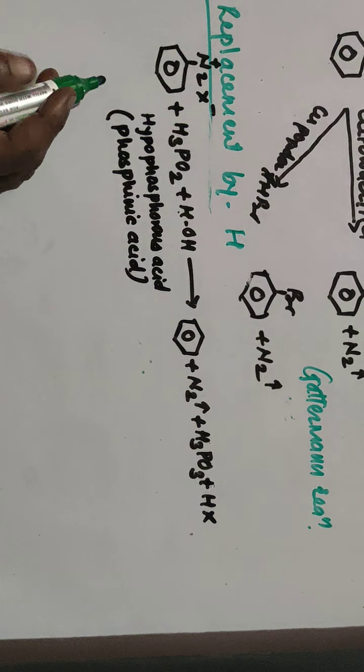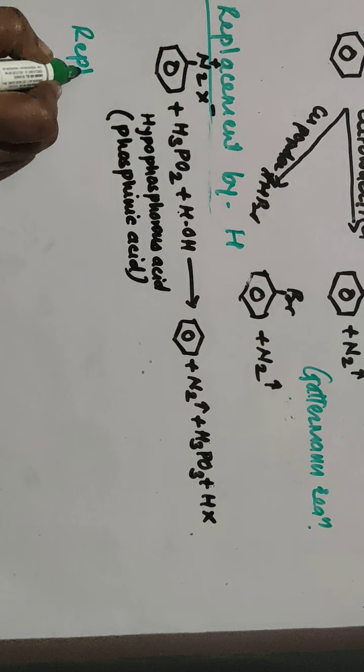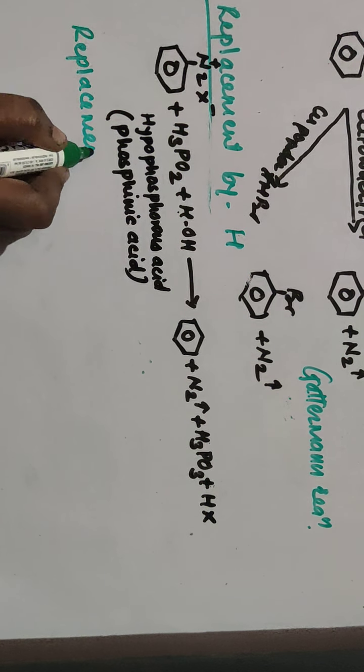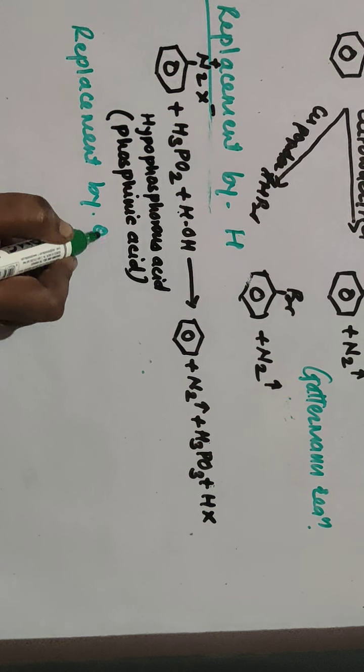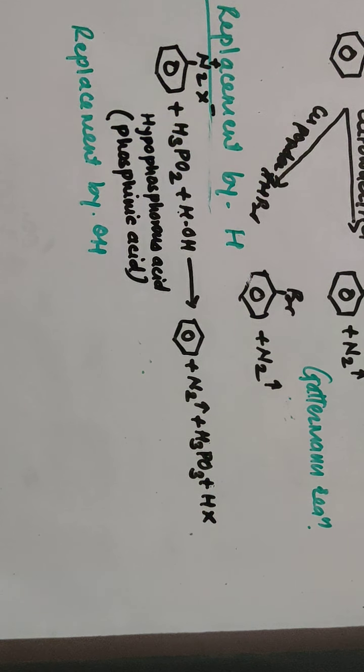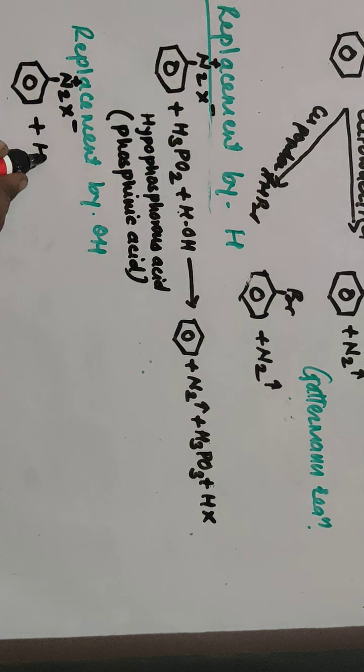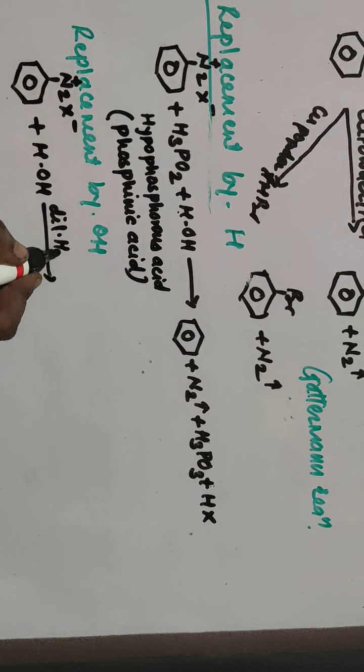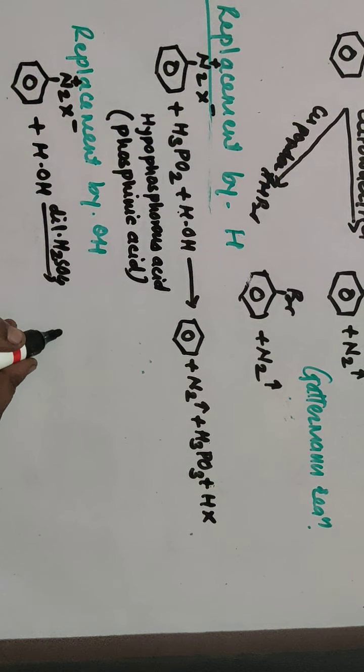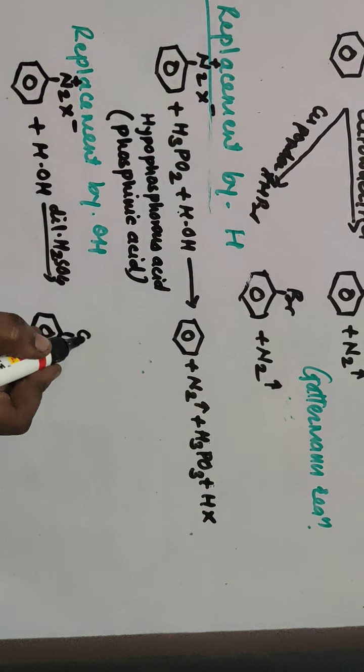Next we'll see replacement by OH group. In replacement by the OH group, your diazonium salt, that is C6H5 N2+ X-, when it is treated with dilute sulfuric acid, dilute H2SO4, then there is a replacement of the N2X group by OH.